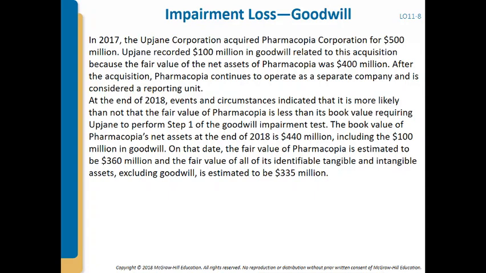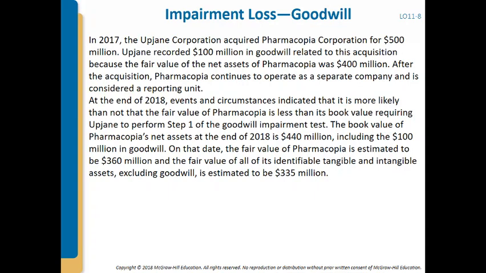The book value of Pharmacopoeia's net assets at the end of 2018 is $440 million, including the $100 million in goodwill that was originally recorded.